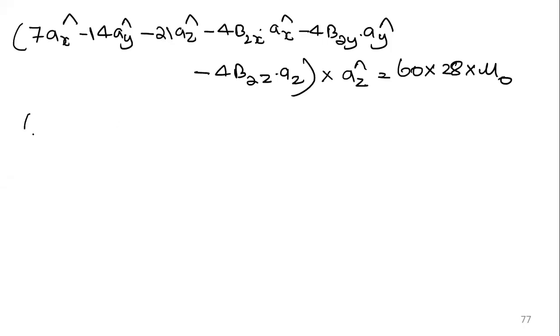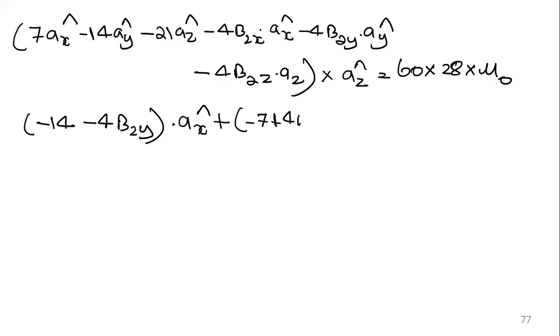So it will be minus AX and AY components. So minus 14 into 4B2Y into AX plus minus 7 plus 4B2X AY is equal to 1680 mu naught AX.